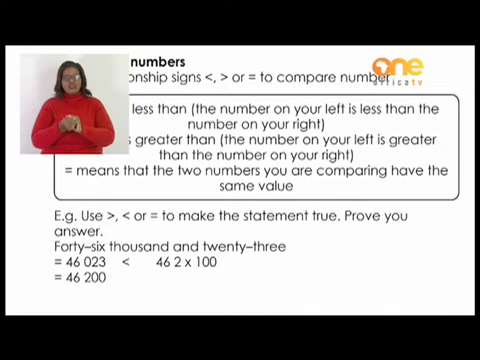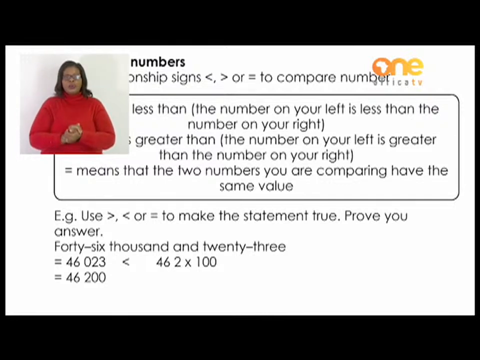Looking in the box, the sign which is opening to the right means less than. The one which is opening to the left is greater than, and the equal to is already known by most of you learners.